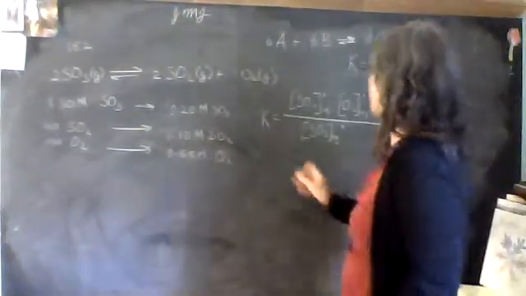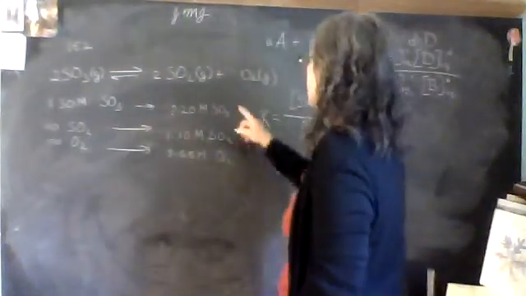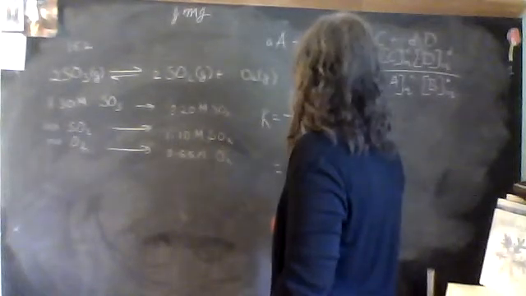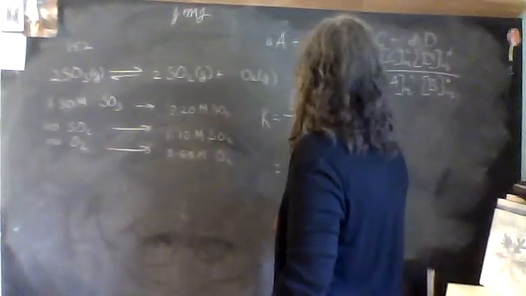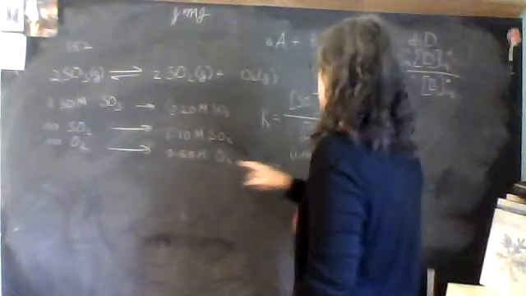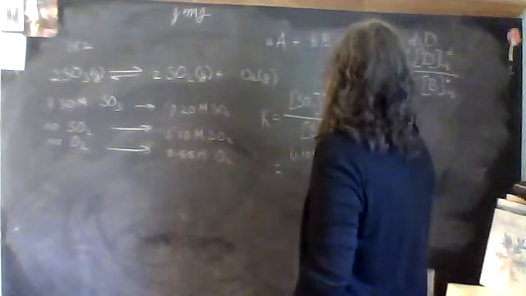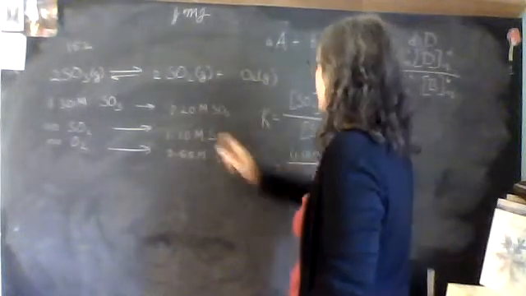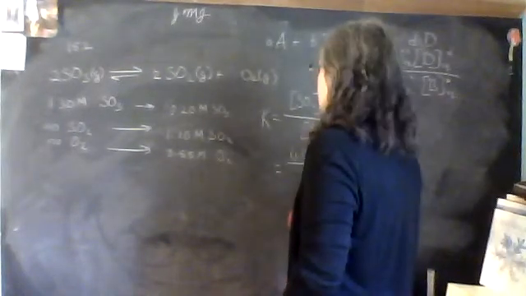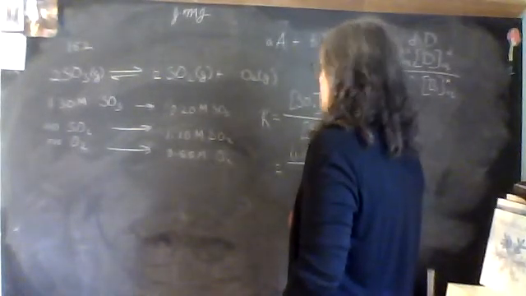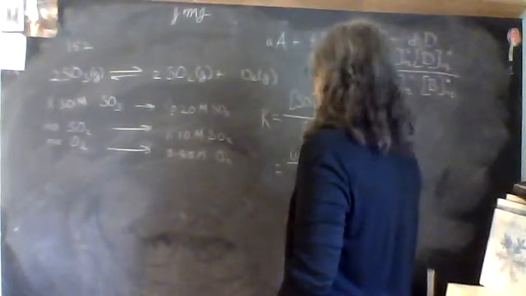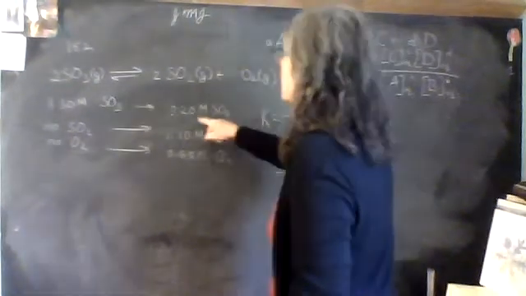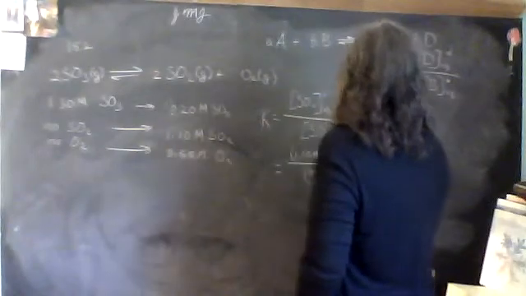So the SO2 is 1.10 molarity squared times 0.55 molarity, over 0.20 molarity squared.